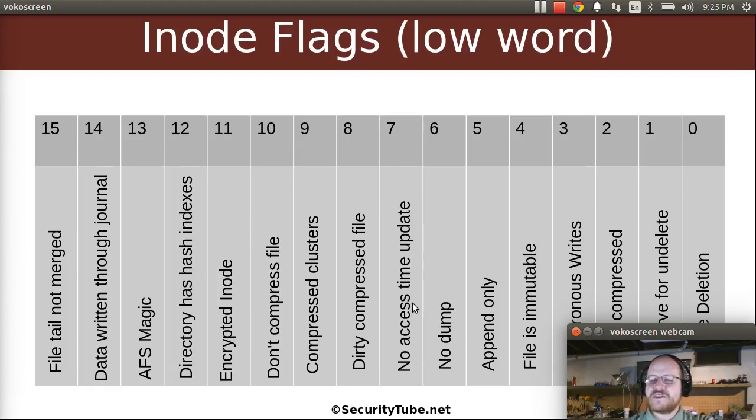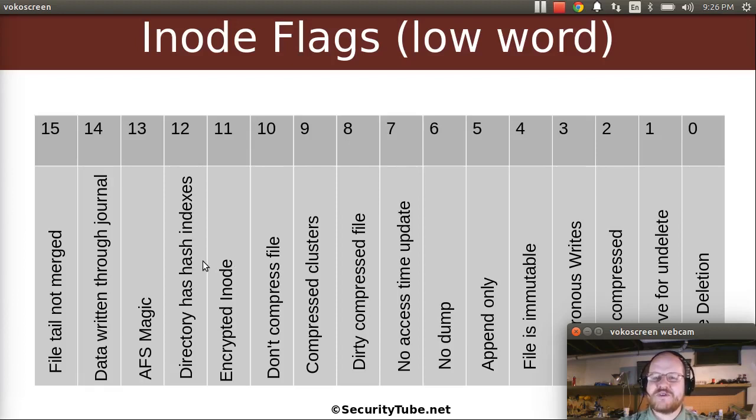Now, if you study Windows forensics, you will see that there is a similar flag for Windows directories. We have a dirty compressed file. We have a file with compressed clusters. And then we have a please don't compress this file flag. We have a flag that says this inode is encrypted. Another one for saying this directory has hash indices.